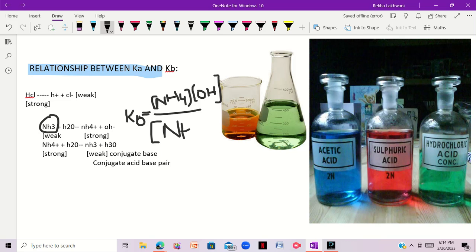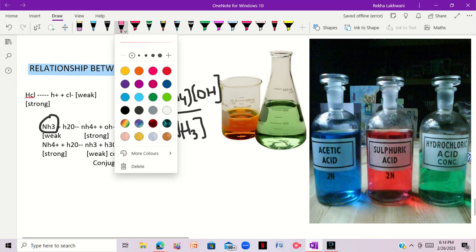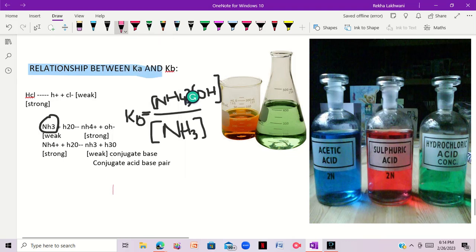This water is constant. So it is the equation of Kb. Now let's write the equation for Ka.